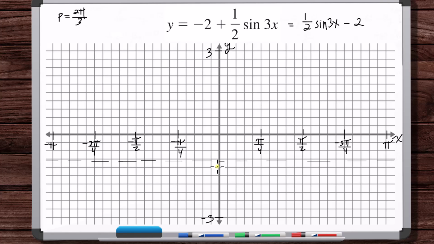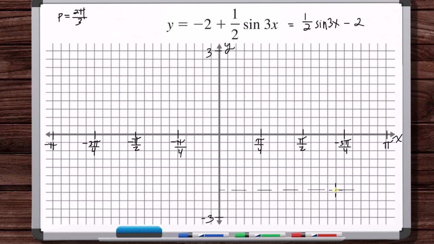We're going to be oscillating between 1/2 up and down. So that's going to be minus 2.5. 0.3, 0.6, 0.9, 1.2, or wait, no, we shift down 2. All right, 0.3, 0.6, 0.9, 1.2, 1.5, 1.8, 2.1, so around here.